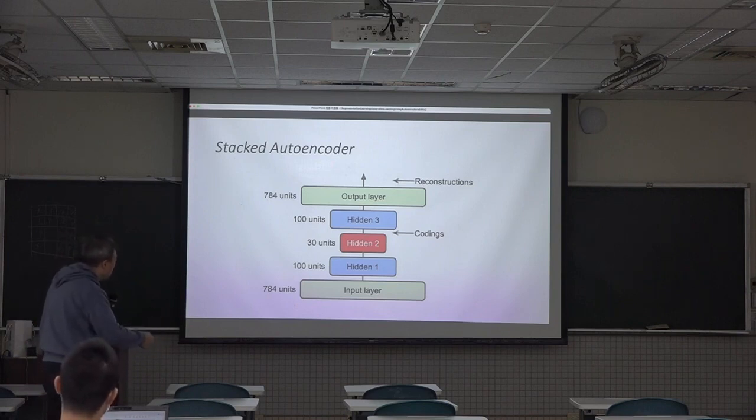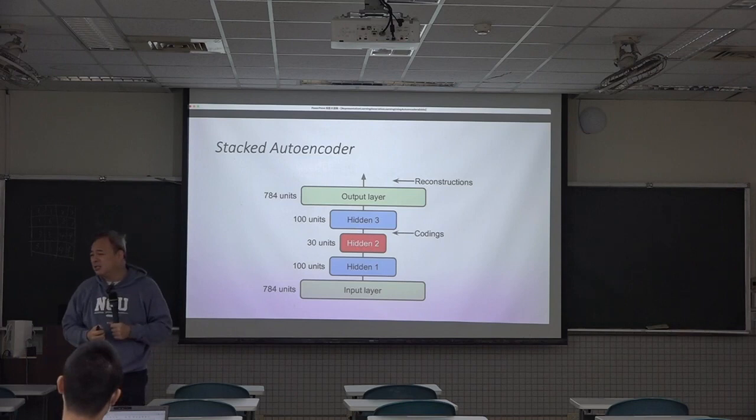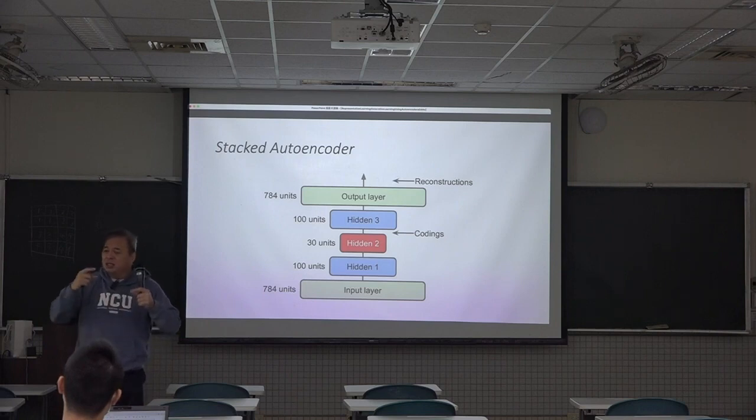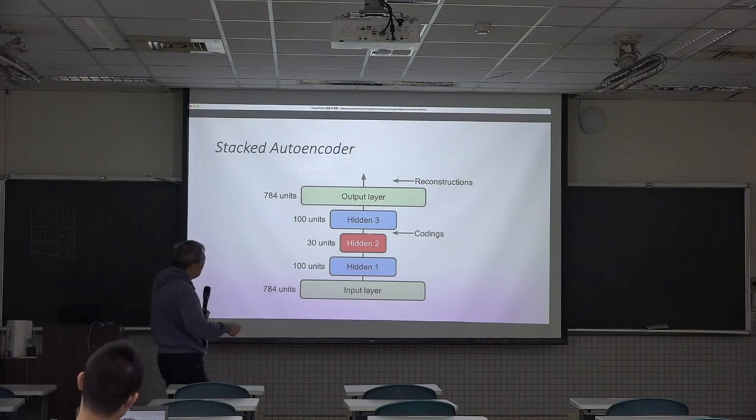But if you only have 3 dimensions for this coding layer, that's too difficult a job to ask this autoencoder to do for the Fashion MNIST dataset. That's just not possible.